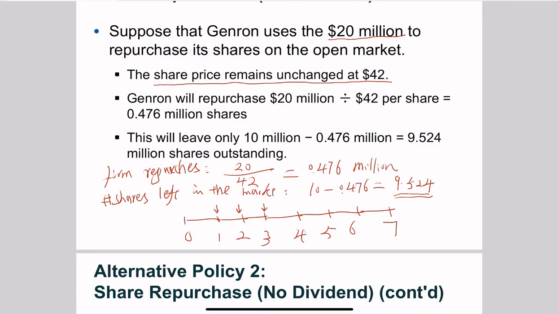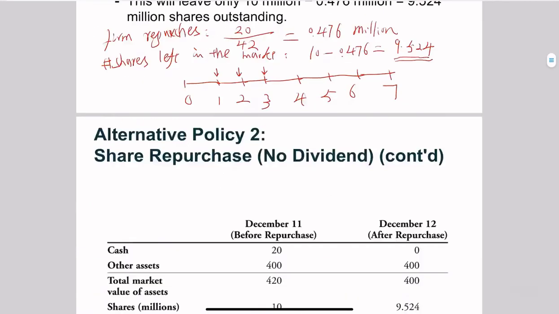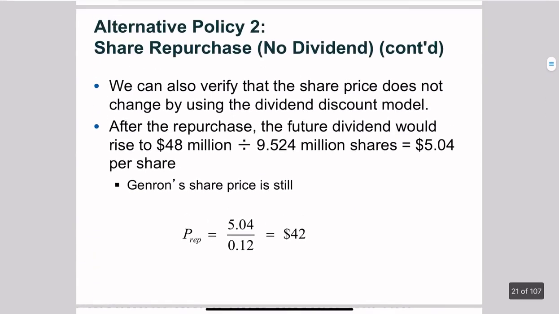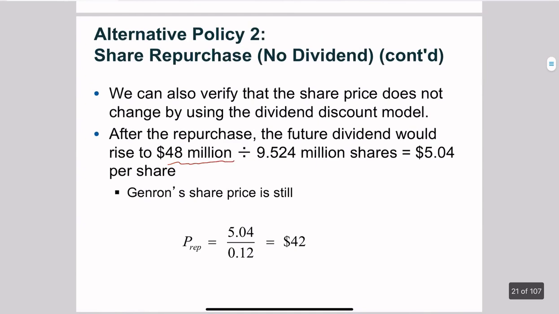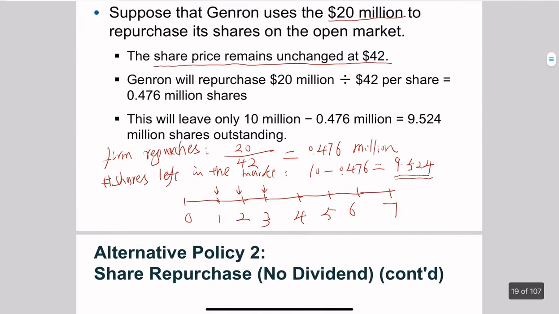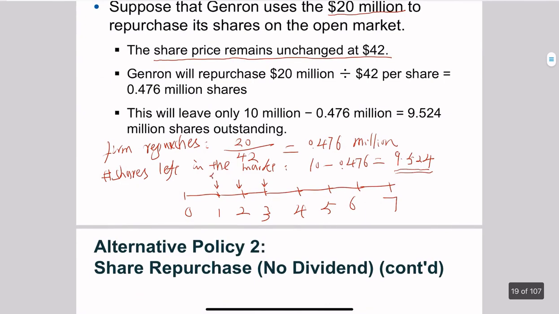So per year dividend would be given by this number. That is $48 million divided by 9.52, which gives us 4.04. So it's 4.04. Let me use a different color. So we will have 4.04 every year.